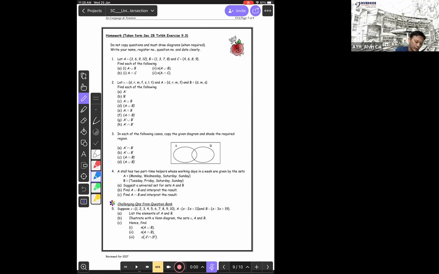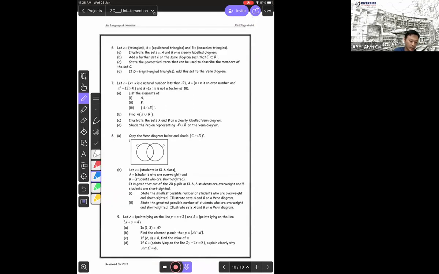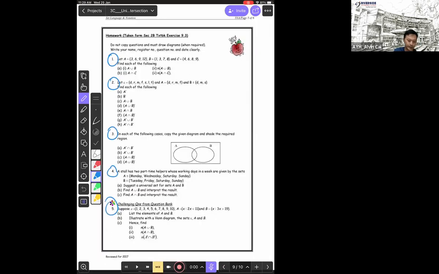Let's try question 1, question 2, question 3. I think we'll do the first 5 first. These are all good practice questions. Questions 6, 7, 8, and 9: those who are faster and want to challenge yourself can try those questions as well. Tomorrow, if we have the time, we will go through that.